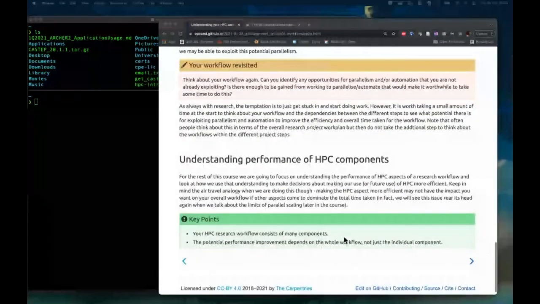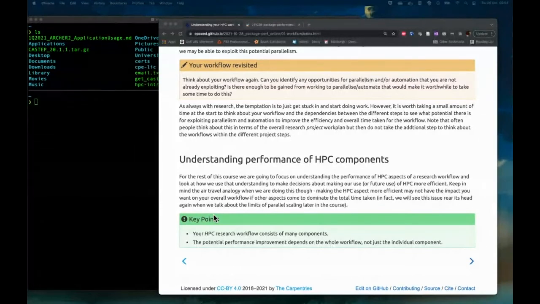So for the rest of this course, we're going to look much more closely at the performance of the HPC components, because this course is really focused on HPC performance. And we'll look at how we can use the information we gather on performance to make decisions about how we can efficiently use the resources you're using.